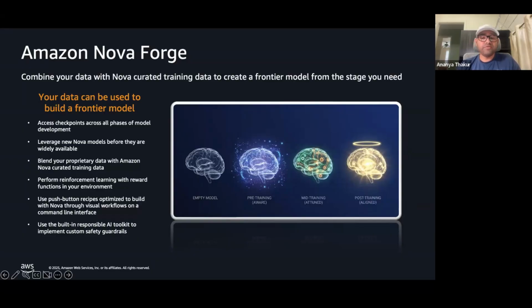What are the benefits? First of all, the models provided by third party providers, or any other models, come with a lot of cost. And training your own model is also a lot of cost. So with a fraction of the cost, you can build this model using the Nova Forge platform.